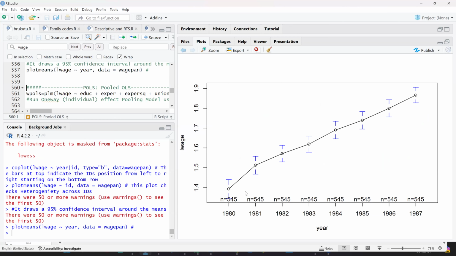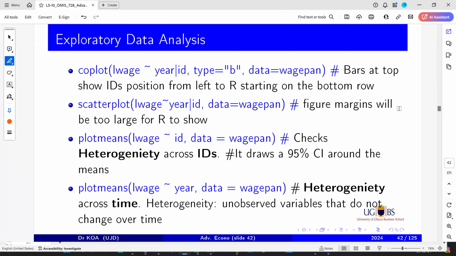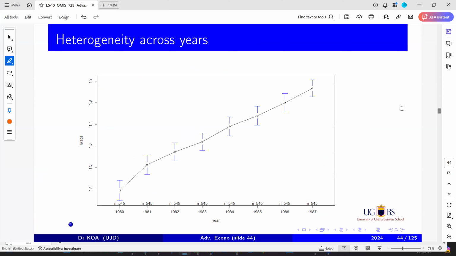You can see that clearly from here. With 545, there is an increasing trend of the wage over time, without much deviation from the center.